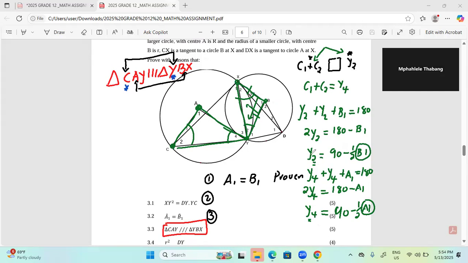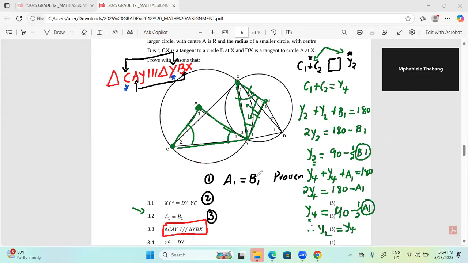On y2, I can say y2 equals 90 minus half of b1. And when I come to y4, I can substitute a1 with b1, because we know that a1 equals b1 from 3.2, it was proven. Therefore, y2 equals y4.